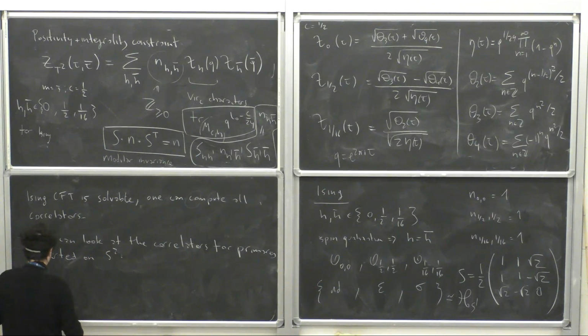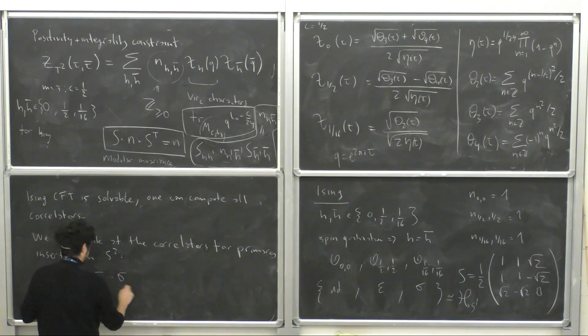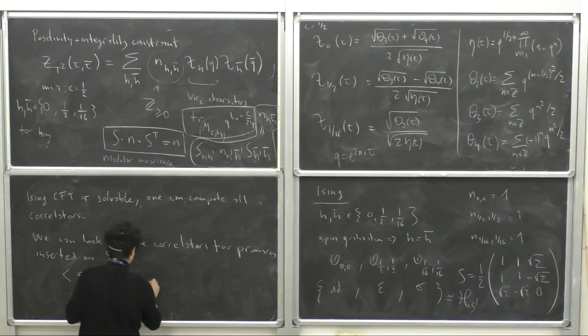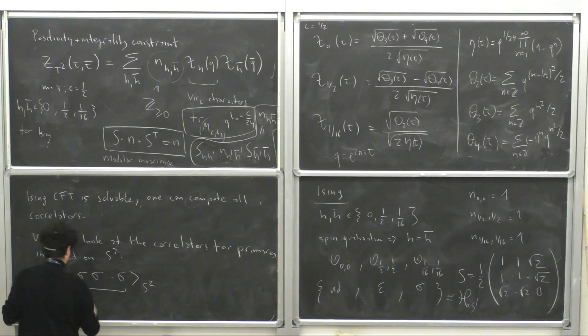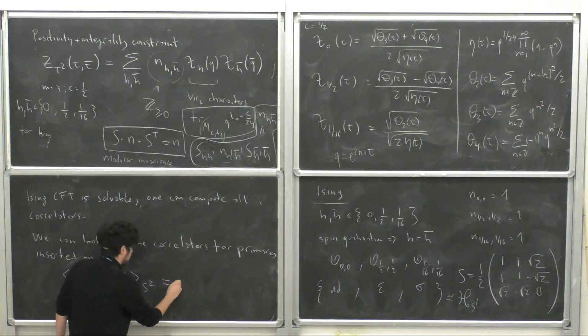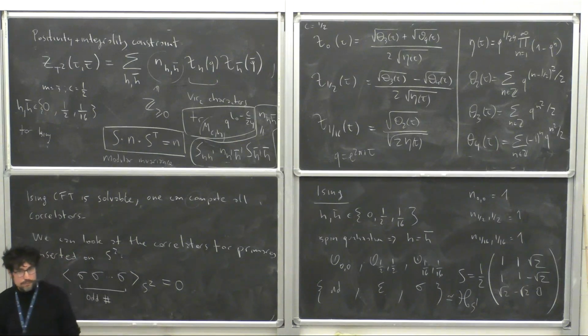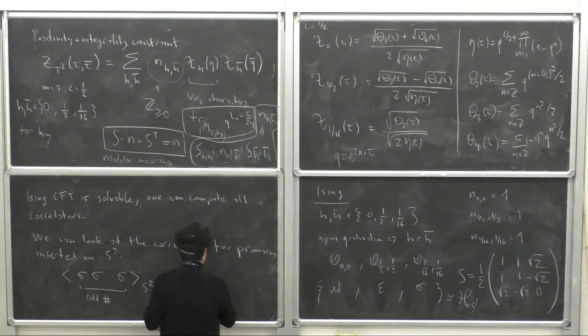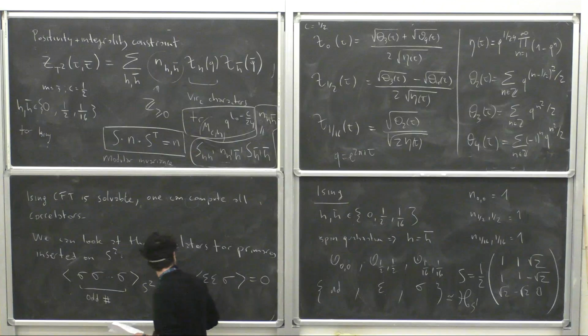And lo and behold, you find out, for instance, that if you take a correlator with an odd number of insertions of the sigma field, so an odd number of sigma insertions on S2, it turns out to be 0. Also, if you insert copies of epsilon, it's 0 on S2.